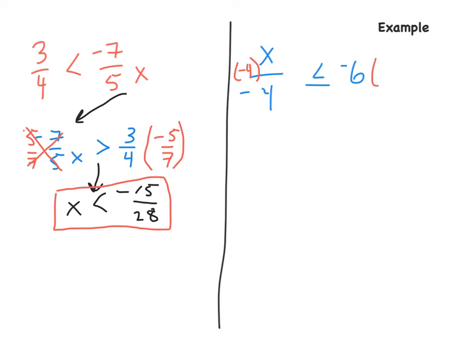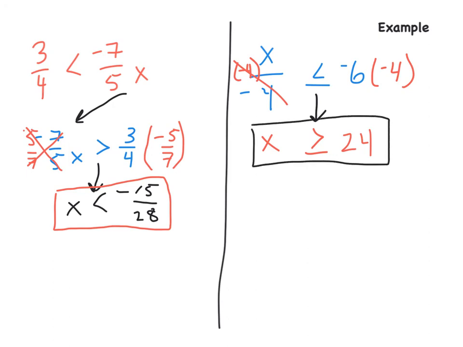So if you do that on both sides, remember we have x, but we just multiplied by a negative number, so we must flip the sign. So negative 6 times a negative 4 is equal to a positive 24. So our answer is x is greater than or equal to 24.